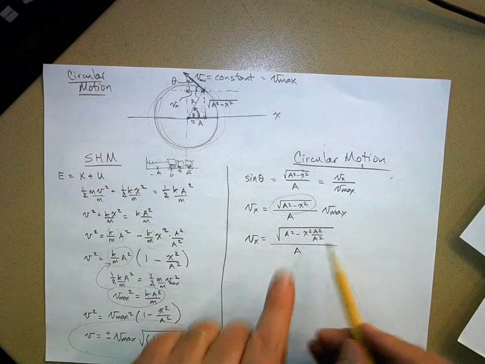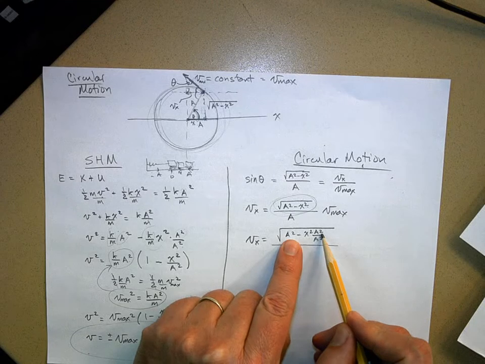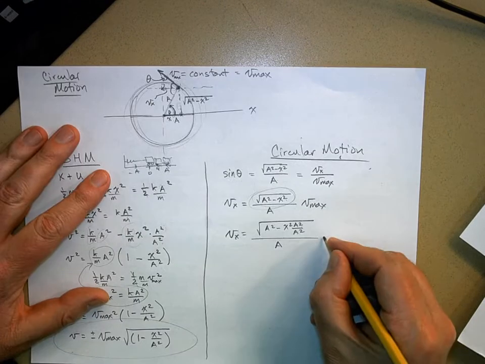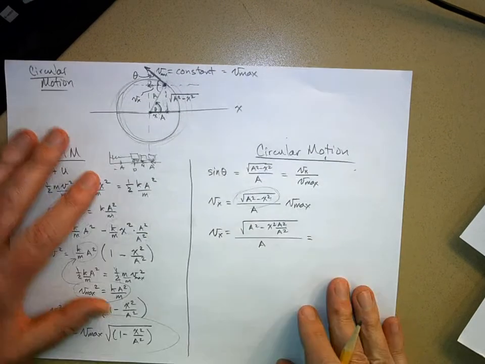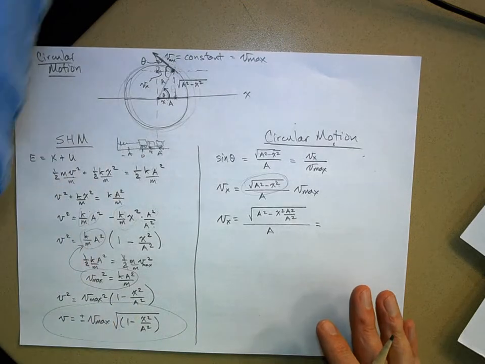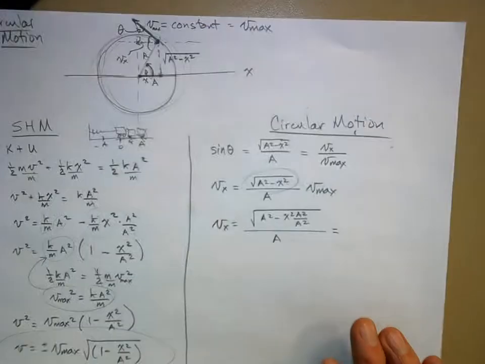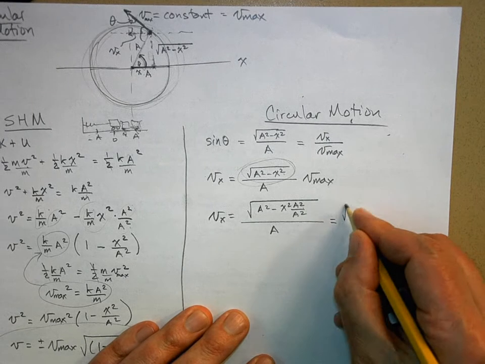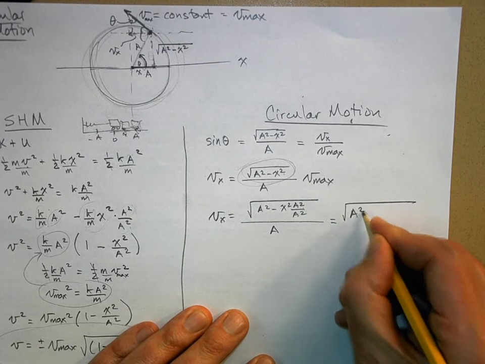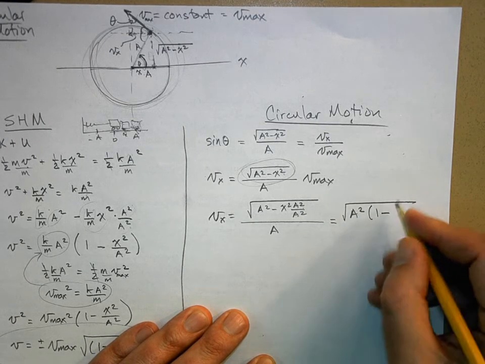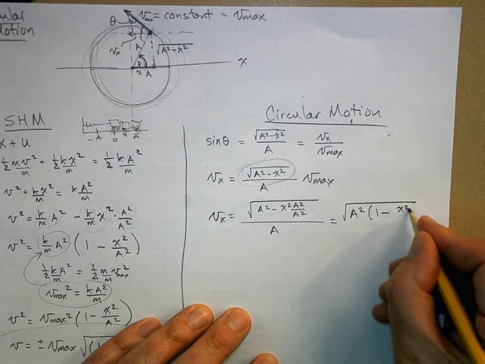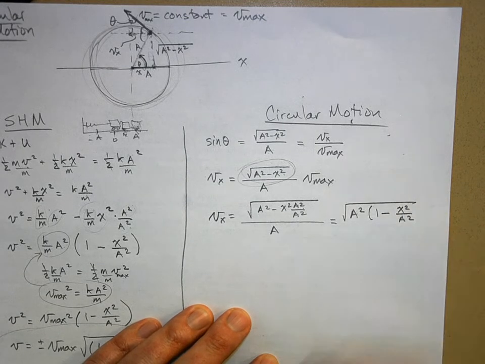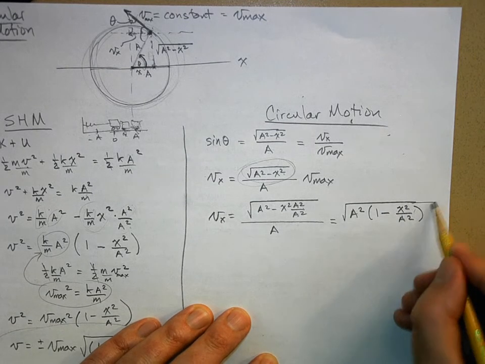What I'm going to do is factor out this a squared. This is equal to the square root of a squared times 1 minus x squared over a squared. Does that make sense? And then we're dividing that by a.